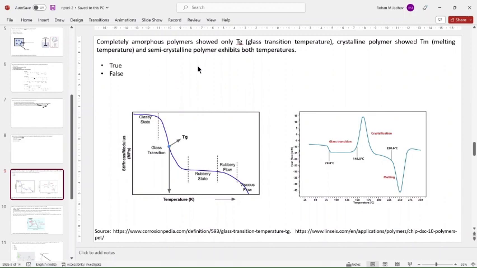So we have completely amorphous polymers. The first statement is: completely amorphous polymers show only Tg, the glass transition temperature.